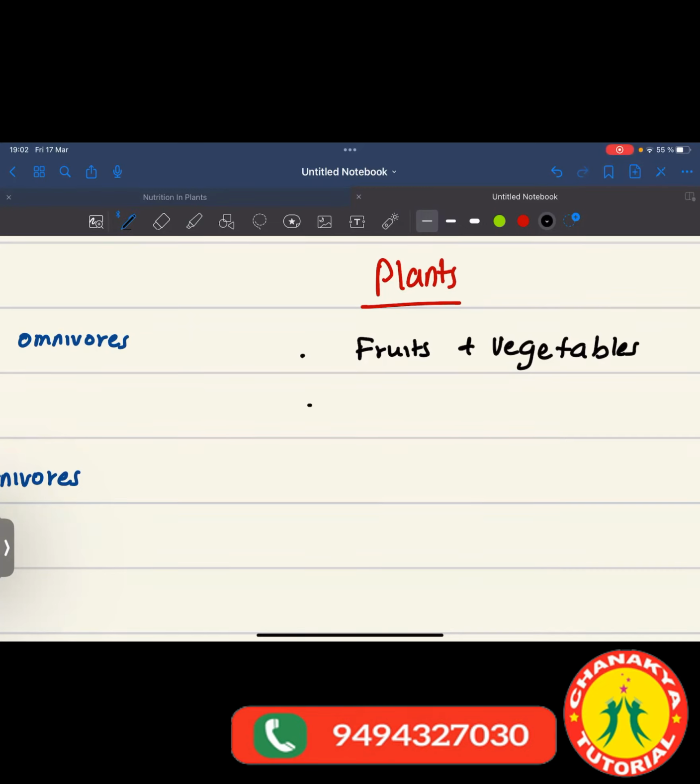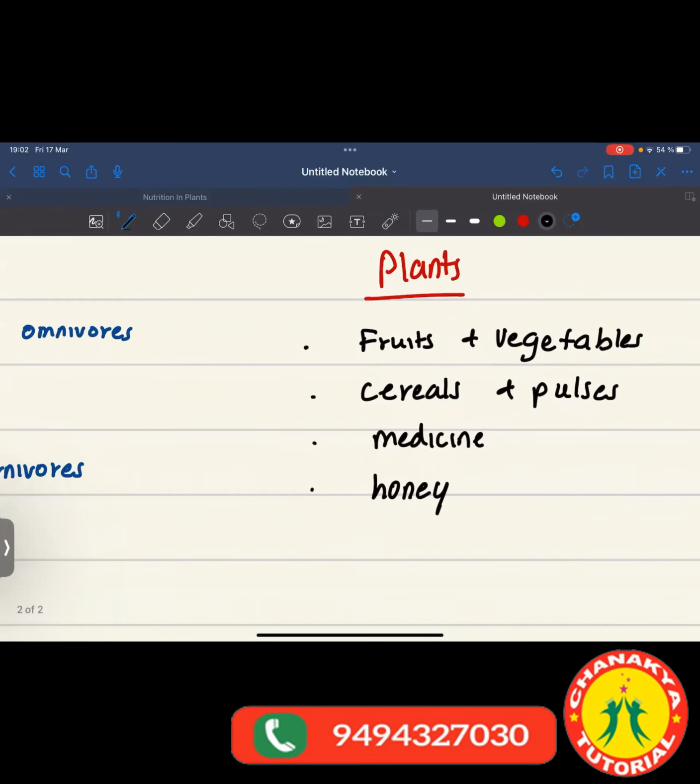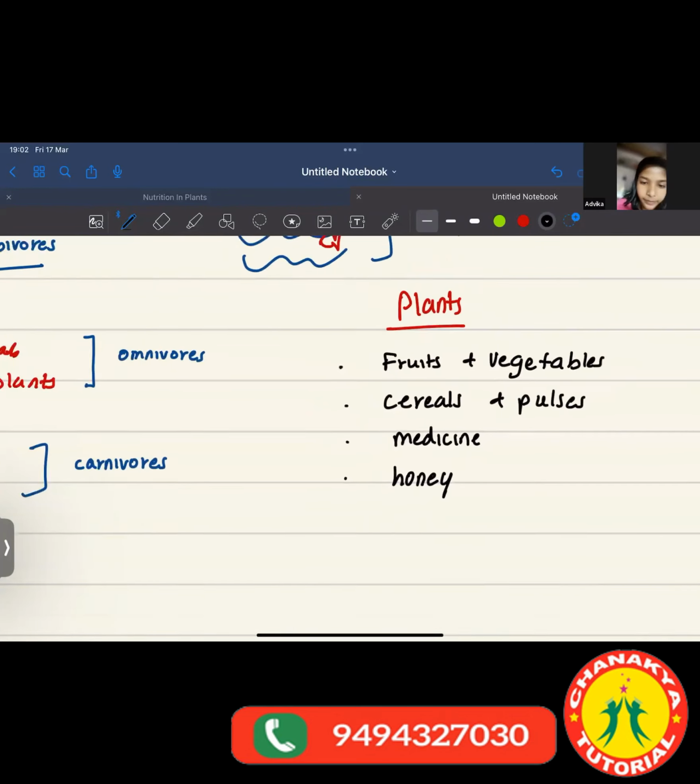We get fruits, vegetables, we get cereals, we get pulses. We get medicine, we get honey, that is nectar. Honey is from plants or is it from animals? Yes, ma'am, flowers.